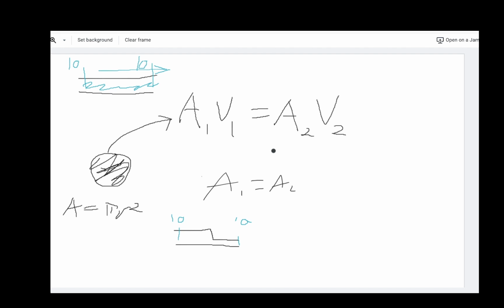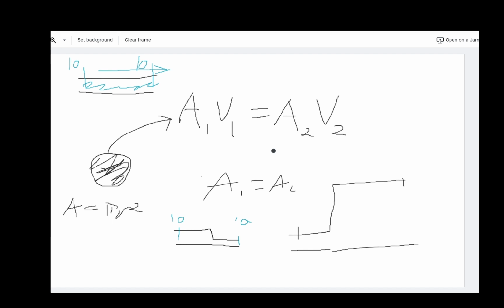So another example of this could be when the pipe is at a constant area, and then the area increases, right? So as the area increases, we still need the same amount of water molecules to move in either place in the pipe. So in order for that to happen, we need velocity to decrease as the area increases.